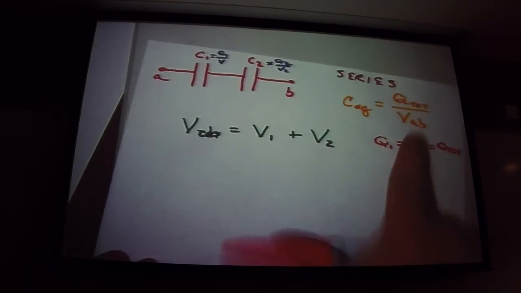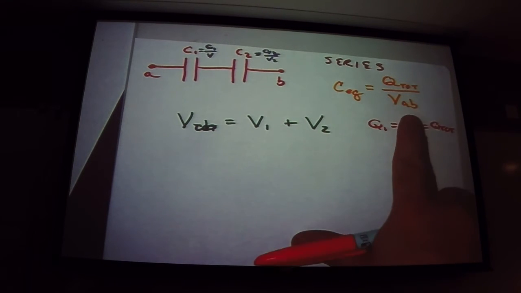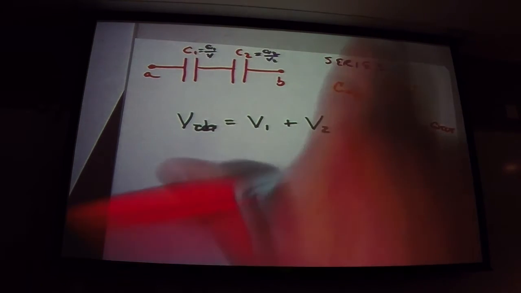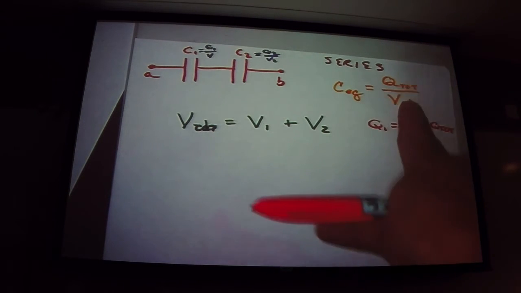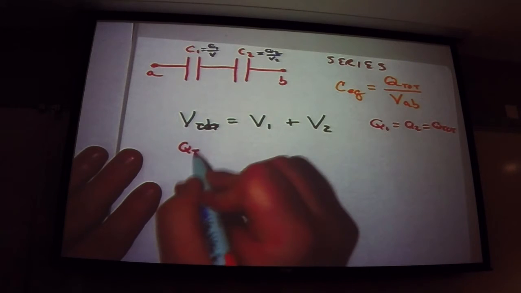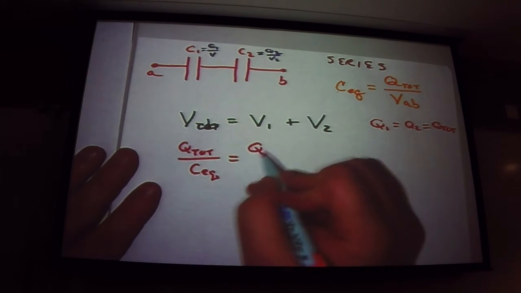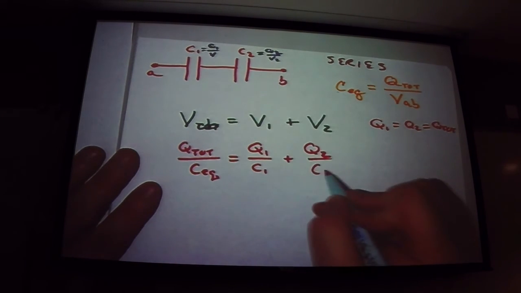I need to solve this for voltage. If I solve it for voltage, I have Q over C. Everybody see that? I have to physically show that to 100B, so please. So this is Q total over the equivalent capacitance, this is Q1 over C1, and this is Q2 over C2.